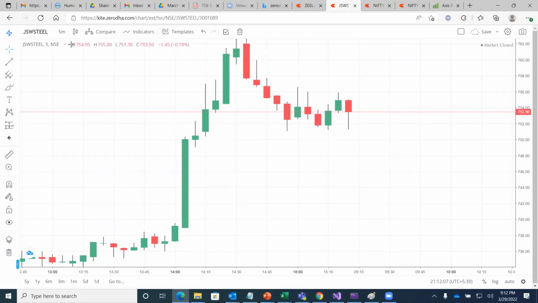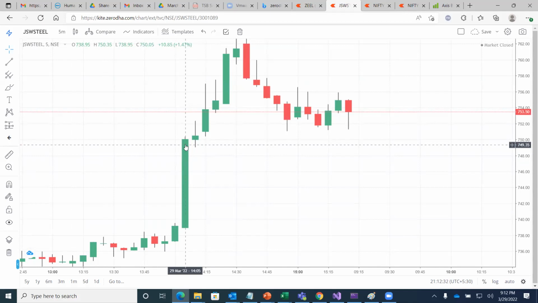The OHLC data is displayed just in front of the stock name: JSW Steel, 5 minutes time frame, NSE, and the OHLC data. Whenever you hover over a particular candle, the OHLC data is specific to that particular candle.